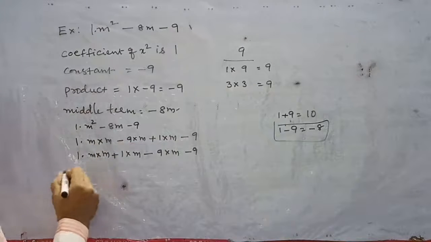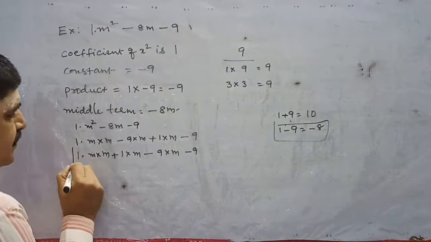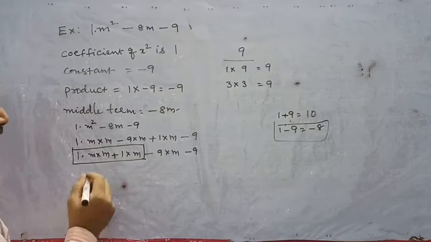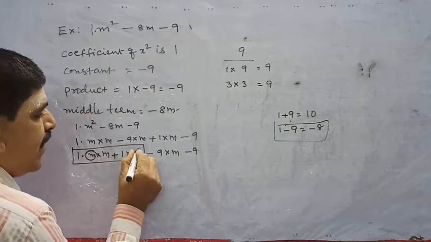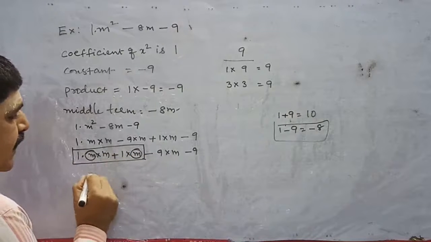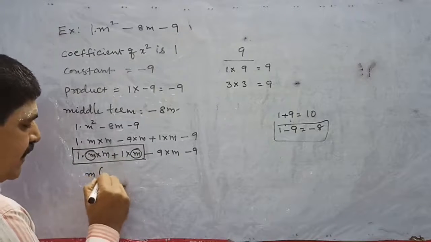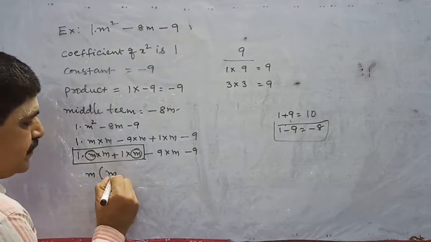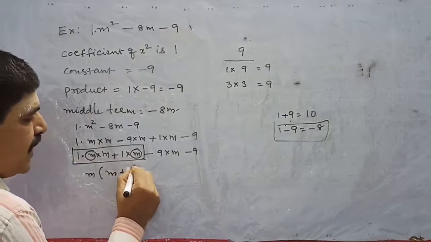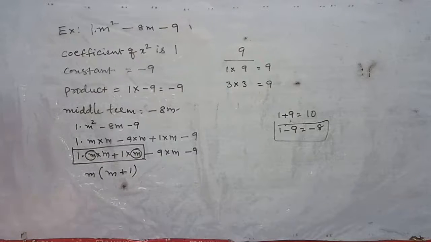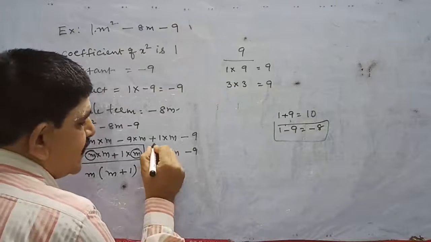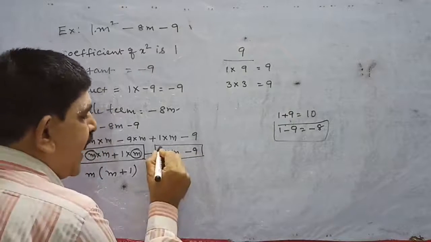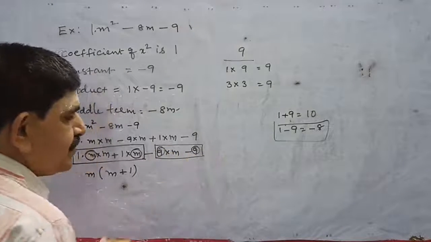Okay. Now in the first half, what is the common factor? Here m and here m. So m is the common factor. Then the remainder 1 into m is m plus 1 is the next term. Next, the second half. 9 is the common factor.